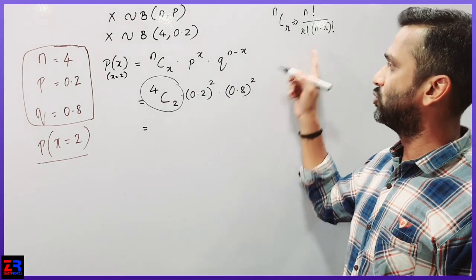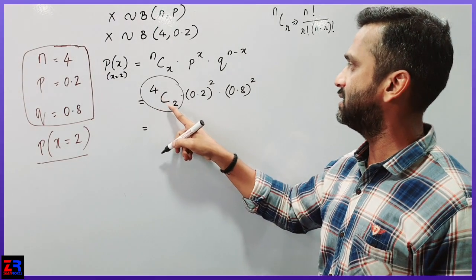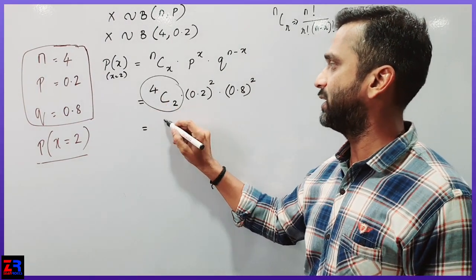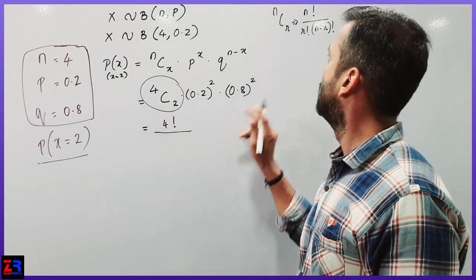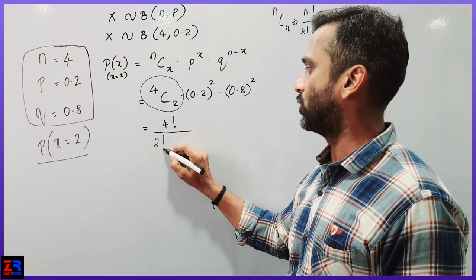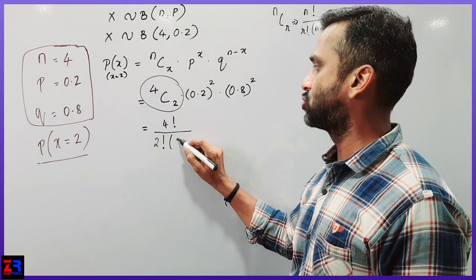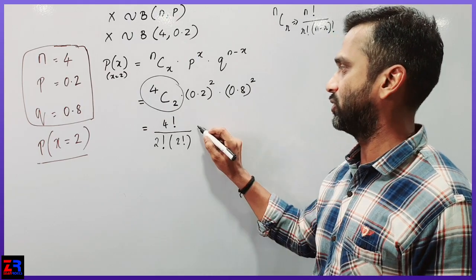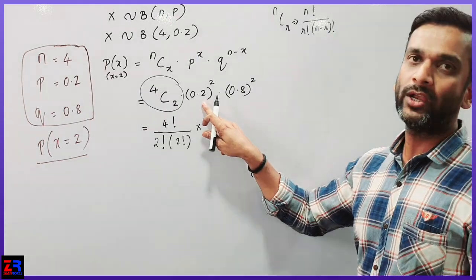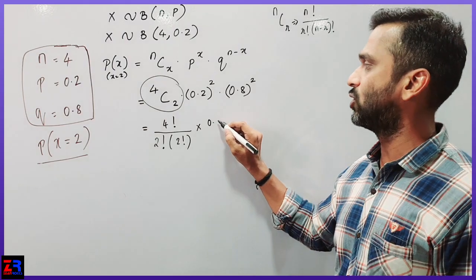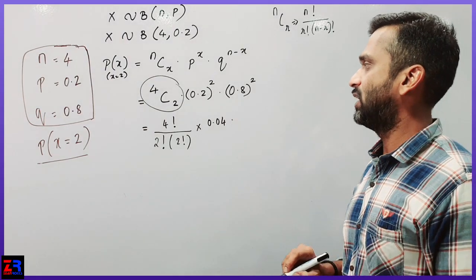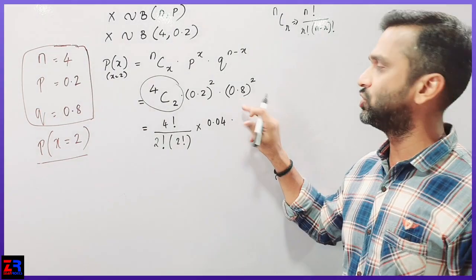That means I am using this formula here: 4C2 is 4 factorial upon 2 factorial, 4 minus 2 factorial, so it is 2 factorial, multiplied by 0.2 into 0.2 is 0.04, multiplied by 0.8 into 0.8 is 0.64.